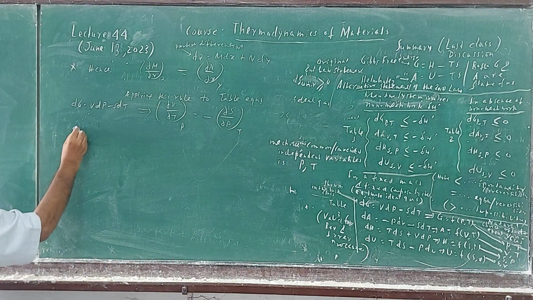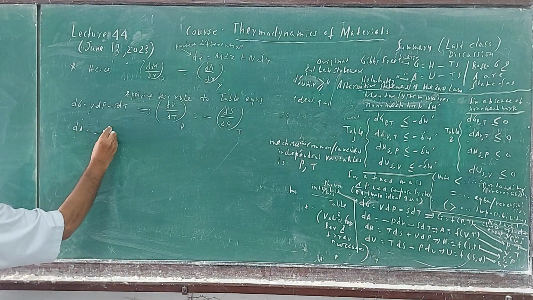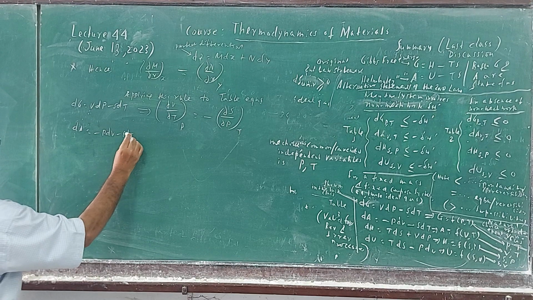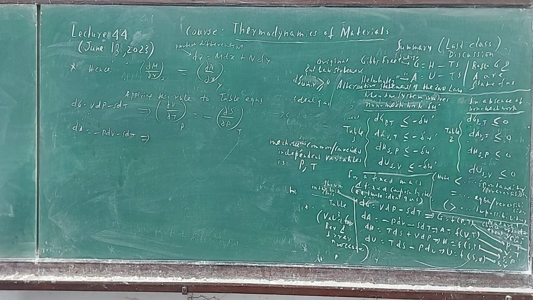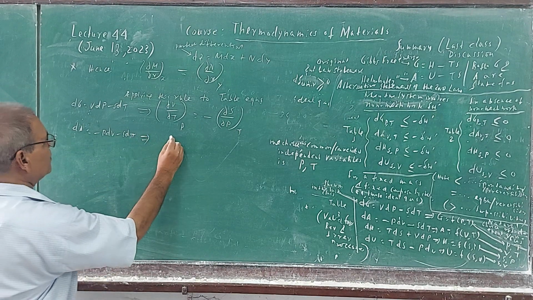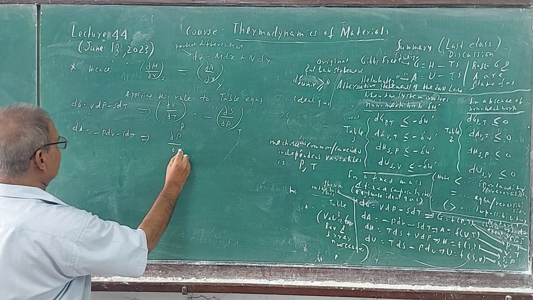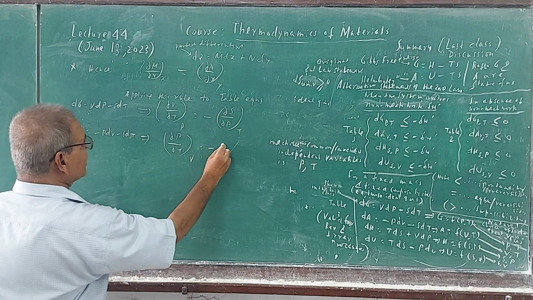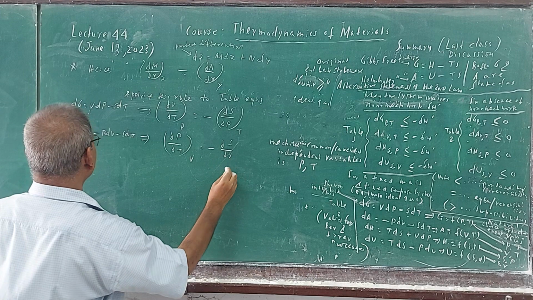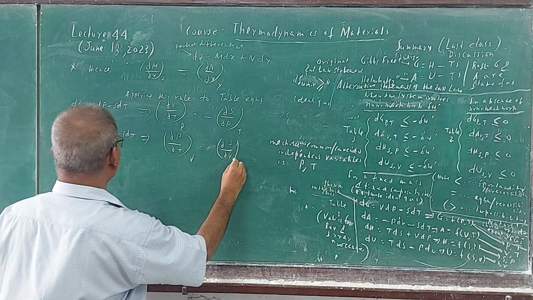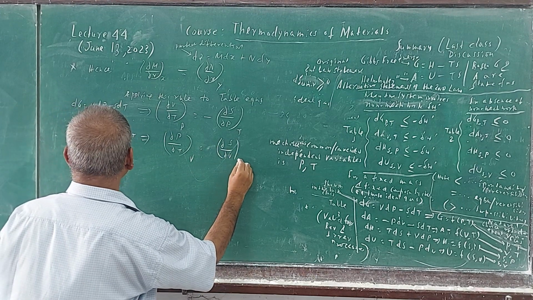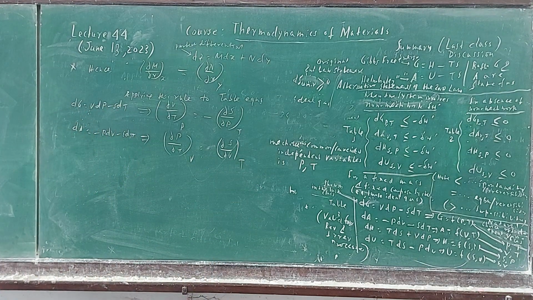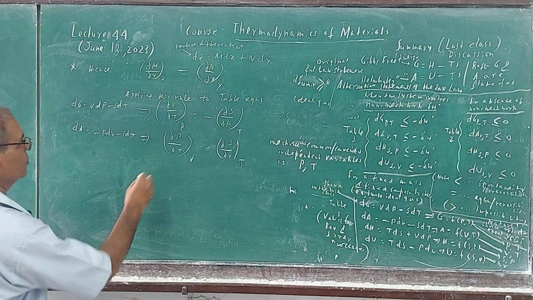One down. dA is minus PdV minus SdT. Likewise, dA is a perfect differential, Helmholtz is a state function. So del P by del T at constant volume is del S by del V at constant temperature. Happy? That is one, two.